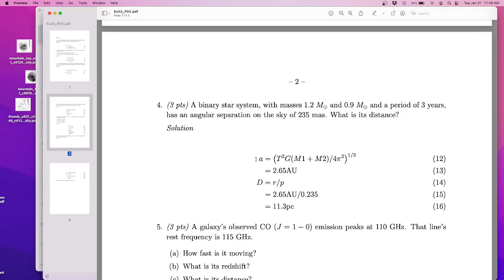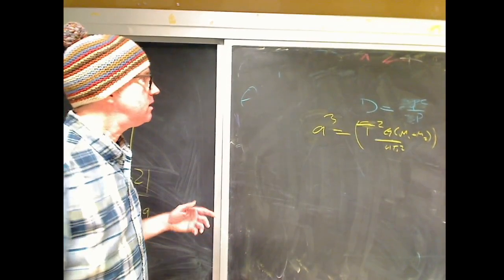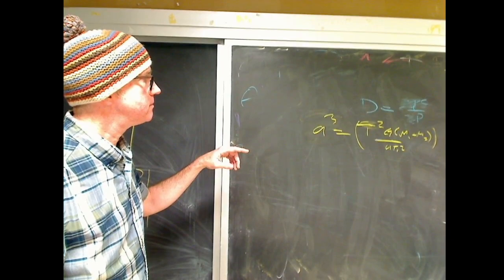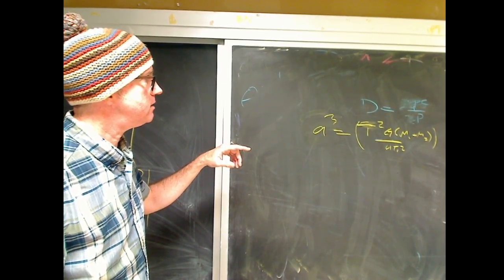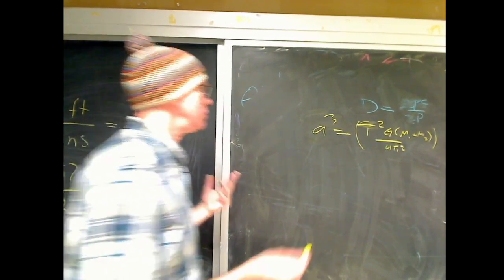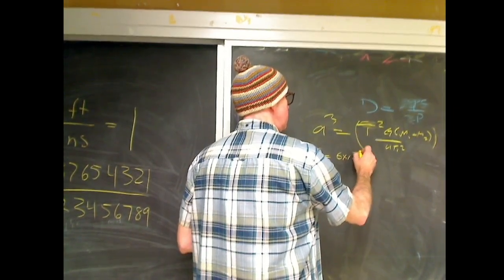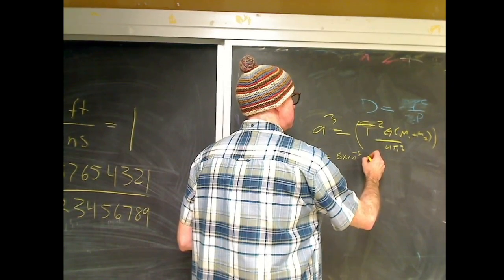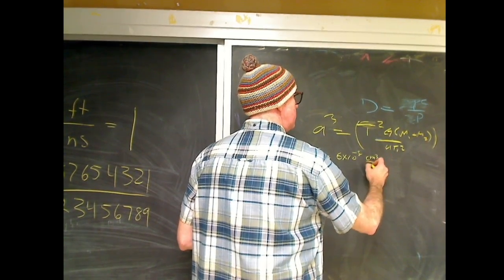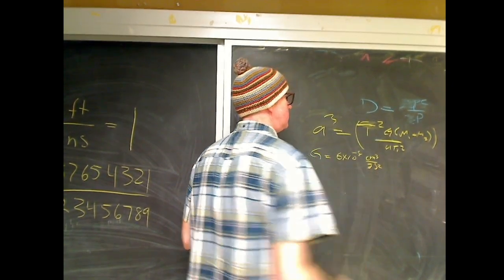So the easiest way to do this is to do everything in CGS and go from there. So G in CGS is 6 times 10 to the minus 8 centimeters cubed per gram second squared.